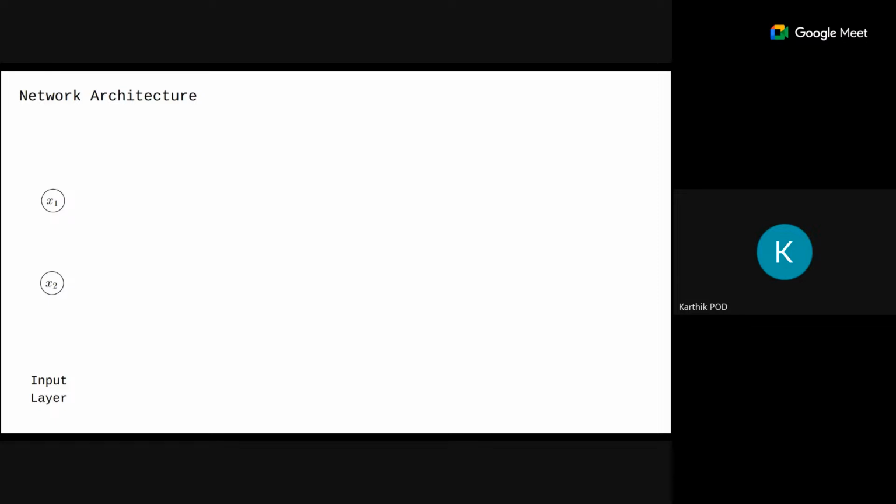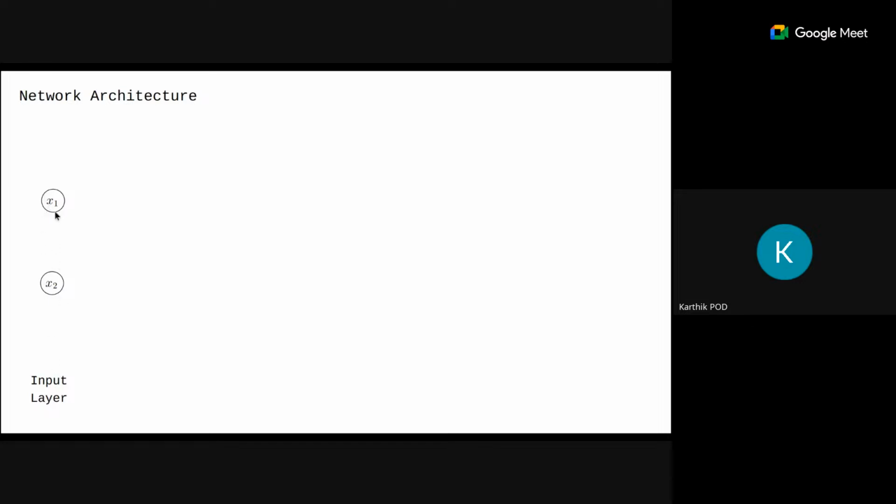The perceptron is just one decision unit. It accepts some input and returns one output, so it's 1 or 0. If you stack these perceptrons across layers, you get what is called a neural network. Every neural network has what is called a network architecture. In this toy network, there are 2 neurons.